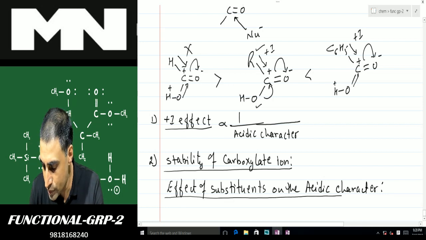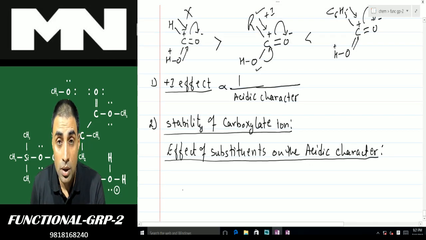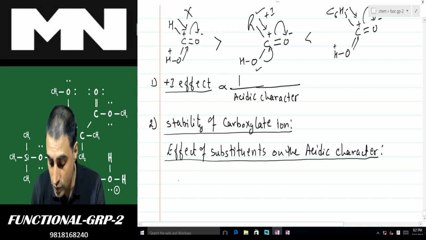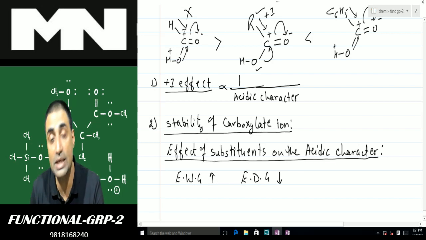Effect of substituents on the acidic character of carboxylic acids. I'm writing the point before explaining, because we have done this point earlier also in alcohol and phenol. Electron withdrawing groups will increase the acidic character, and electron donating groups will reduce the acidic character.